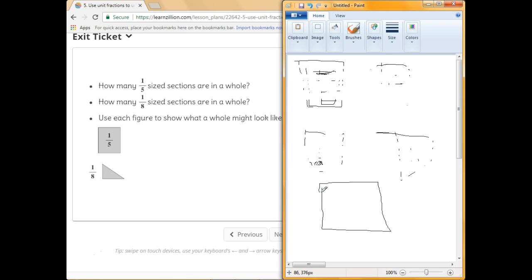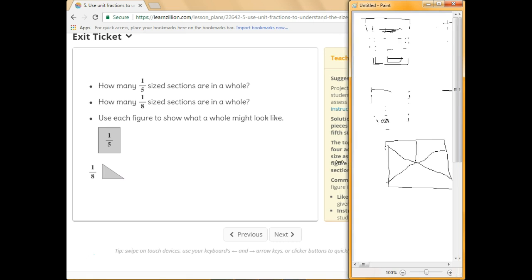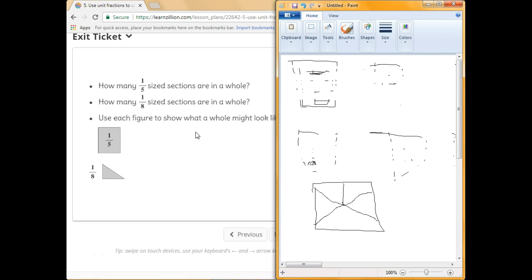So how many 1/5 sized sections are in a whole? So let's do this. Like this. And I'll try my best to do it, so it's not going to be perfect. Like that. And that's doing the last bullet point with 1/5. And I'm also going to do it with the triangle. Make that more straight.